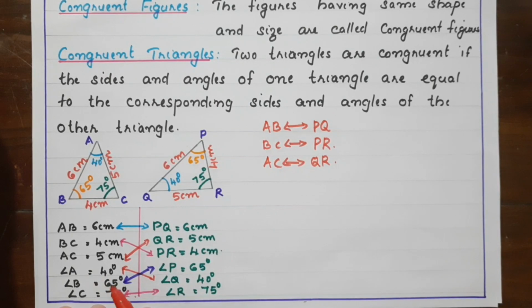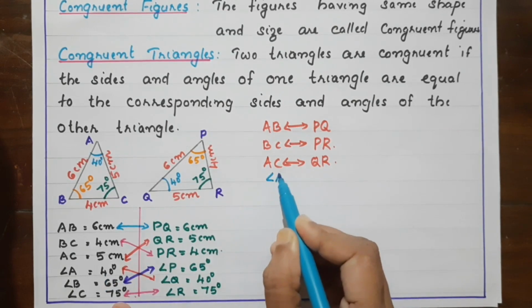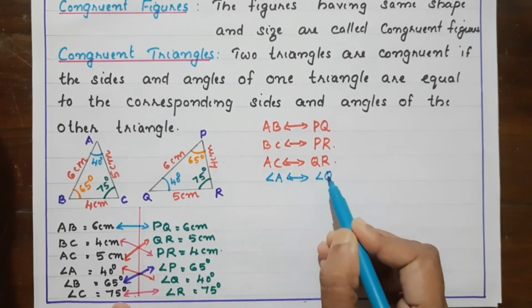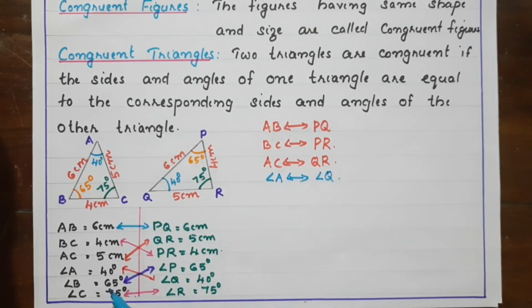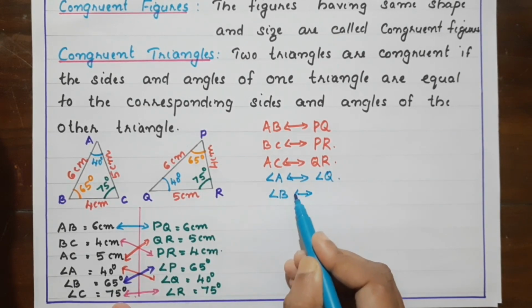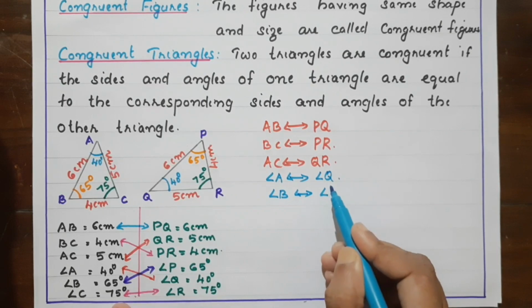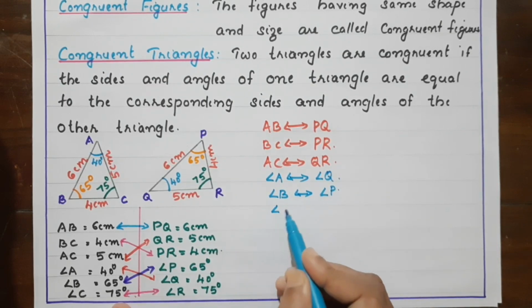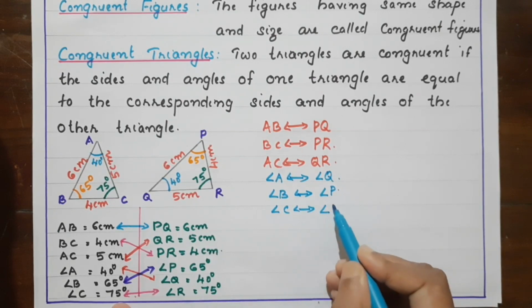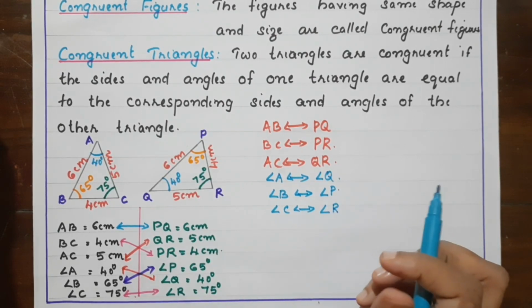Then angle A is equal to angle Q, isn't it? Angle A corresponds to angle Q. Then what about angle B? Angle B corresponds to angle P. Then angle C corresponds to angle R. Isn't it?